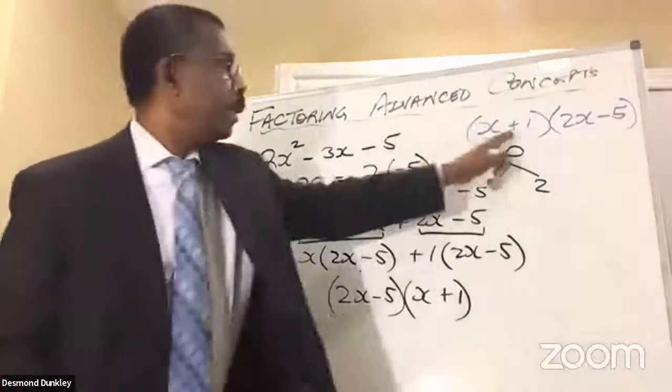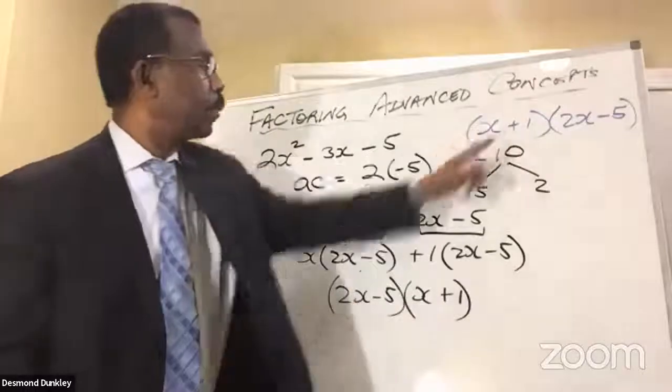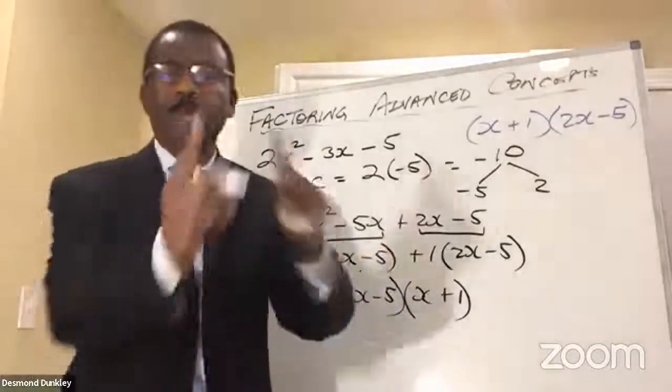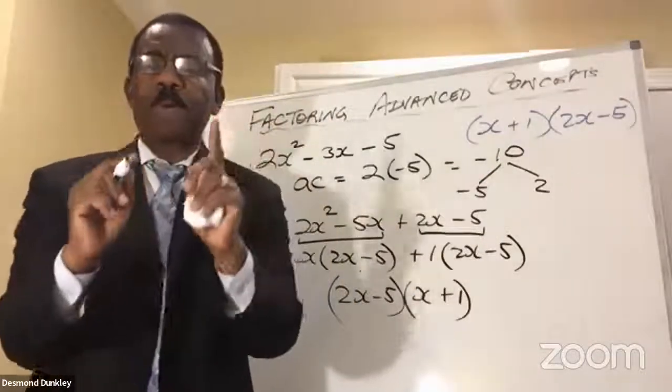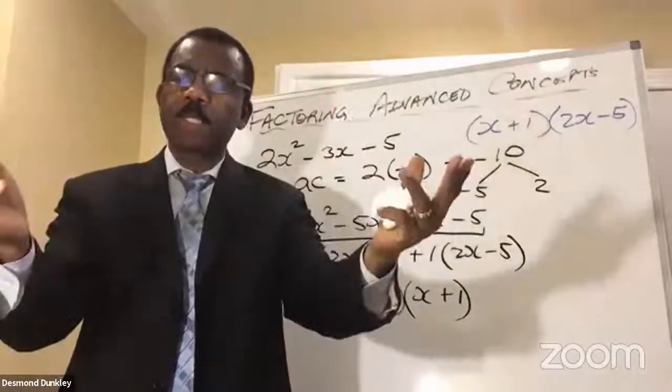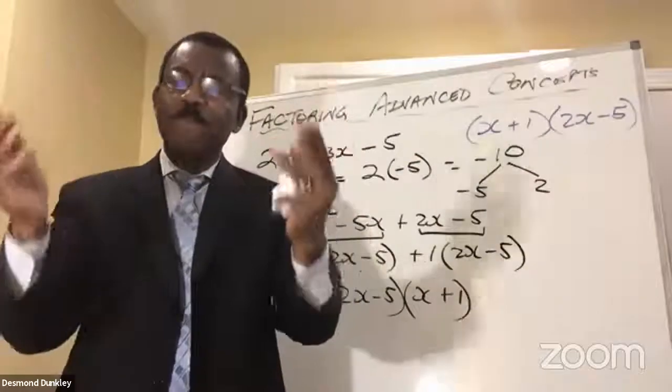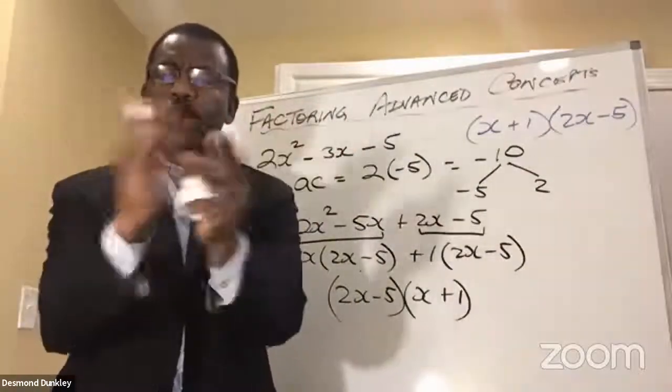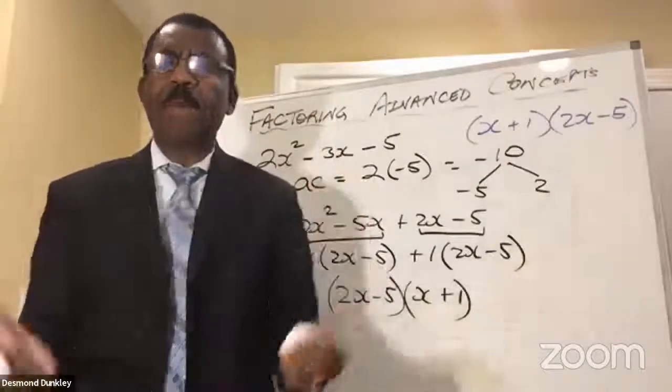Is it the same thing? x plus 1, x plus 1. 2x minus 5, 2x minus 5. It's just the one way around. But remember, 3 times 4 is 12. 4 times 3 is 12. It doesn't matter which one goes first. It's the same product.